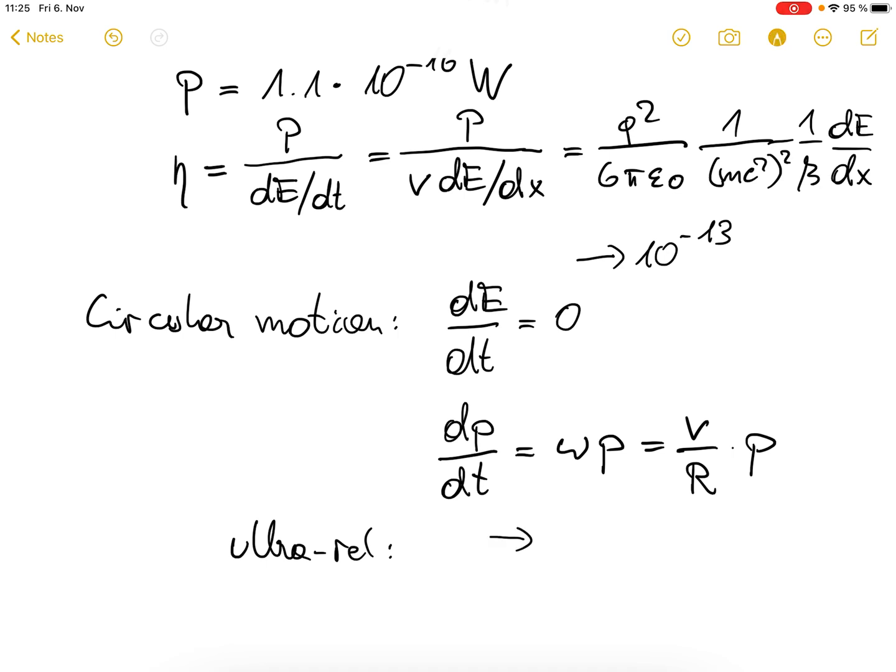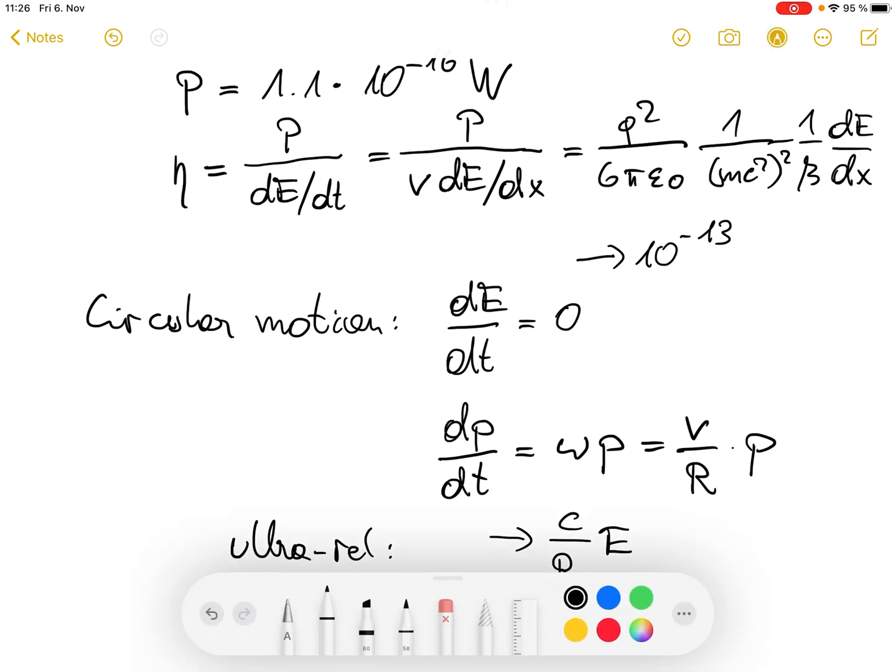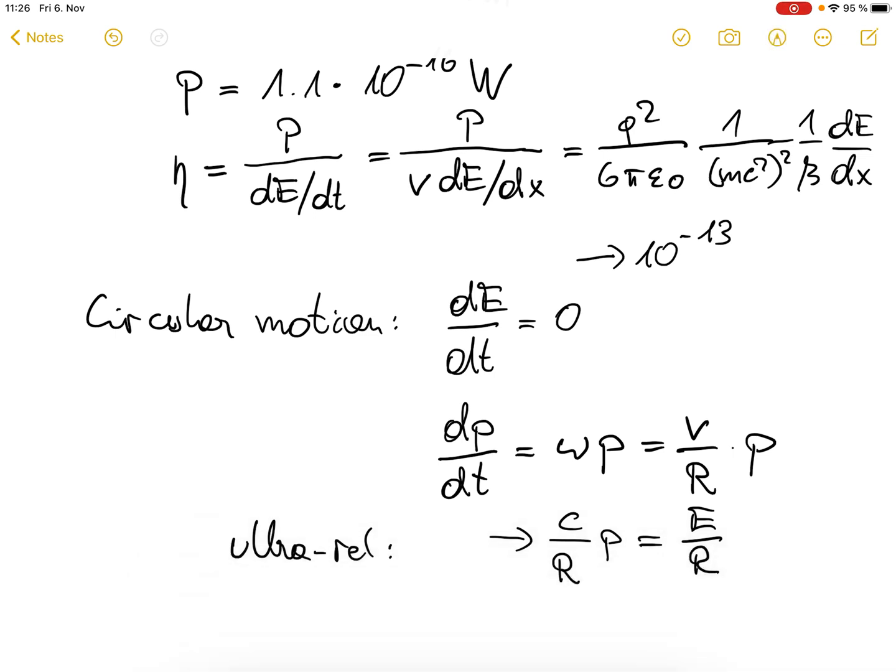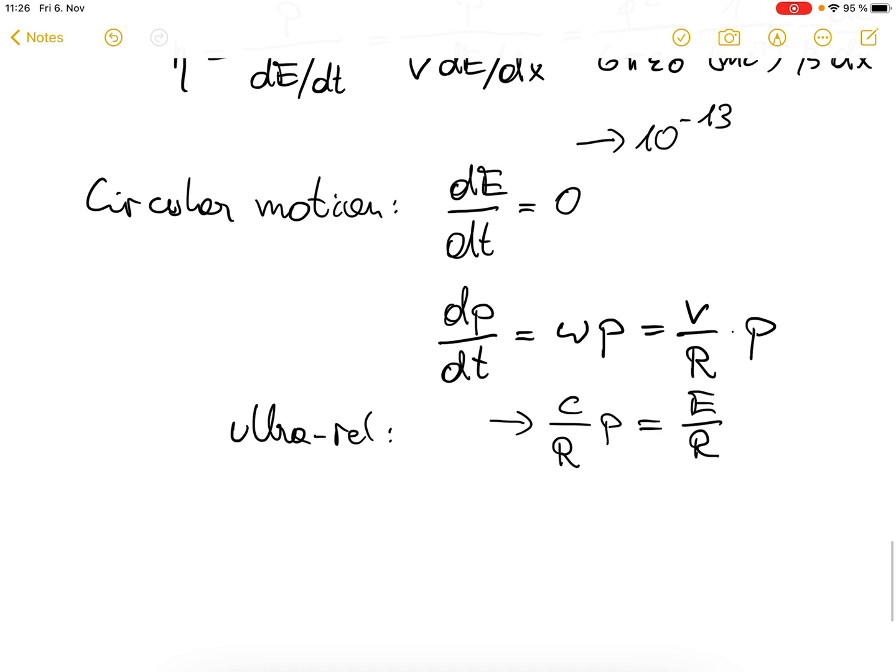This becomes c over r times p, and this is just the energy divided by the radius, because in the ultra-relativistic limit we can neglect the particle's rest mass.